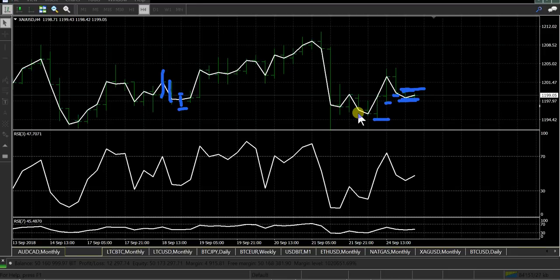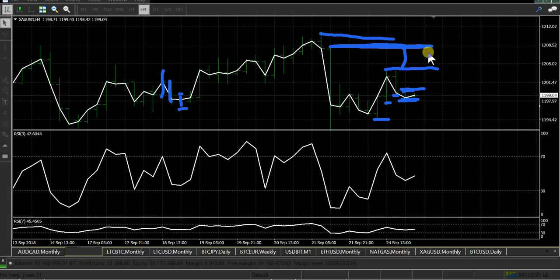The deeper you go back, this would be the old high. This is a newer one. This is obviously where the sellers are coming in, all the way to here.